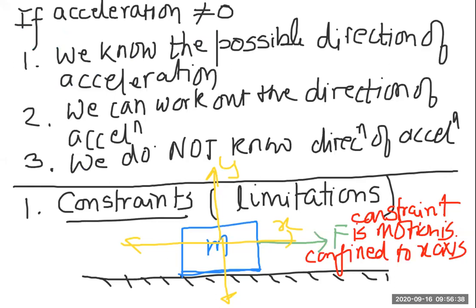Two, just by looking at the problem, I know that I can work out the direction, for example that it is in the xy plane. Three, where we will have no presuppositions, where the direction of acceleration could be this way or that way.